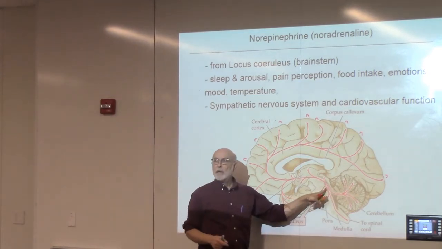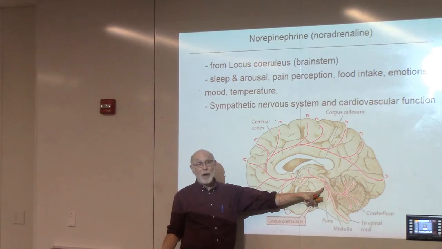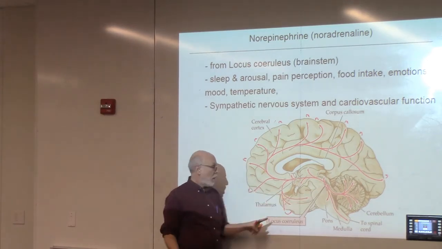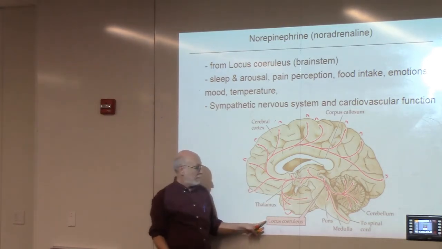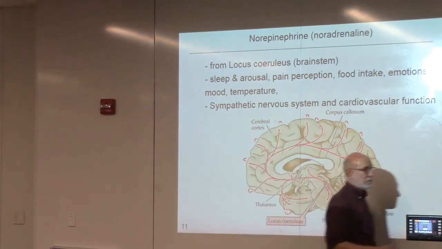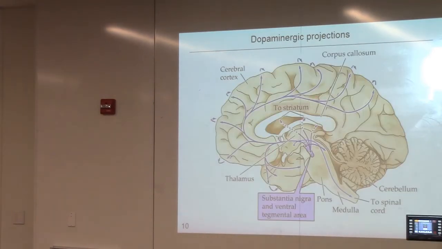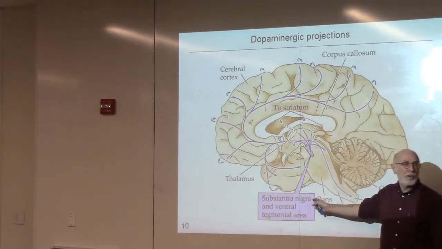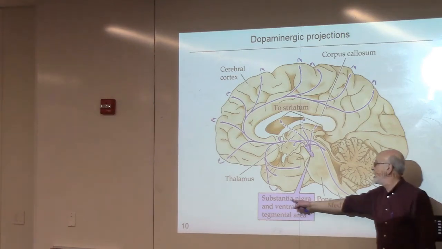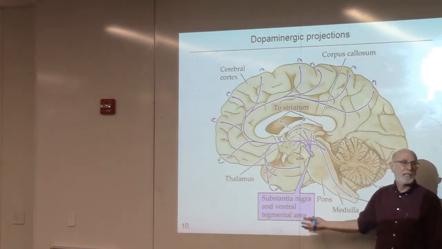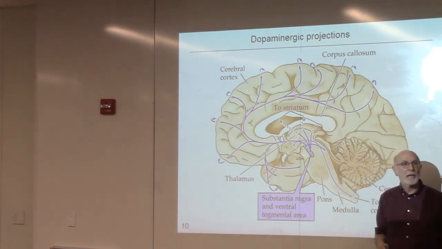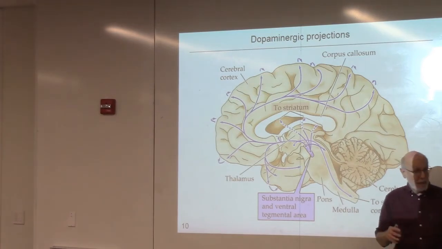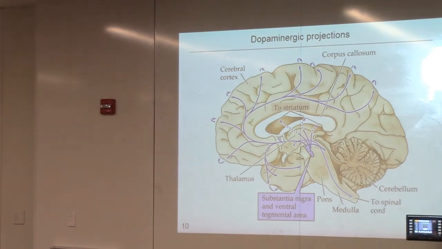The cell bodies of noradrenergic neurons are localized in a part of the midbrain, again, called the locus ceruleus. Oh, by the way, let me go back. Those of you who know Latin might know that substantia nigra means black substance, because it's dark. It's in the brain, we'll see it, maybe, I hope, as a dark spot in the midbrain.